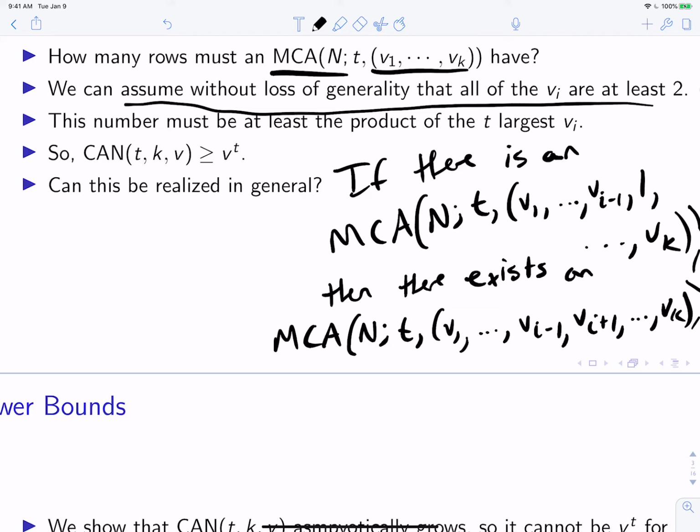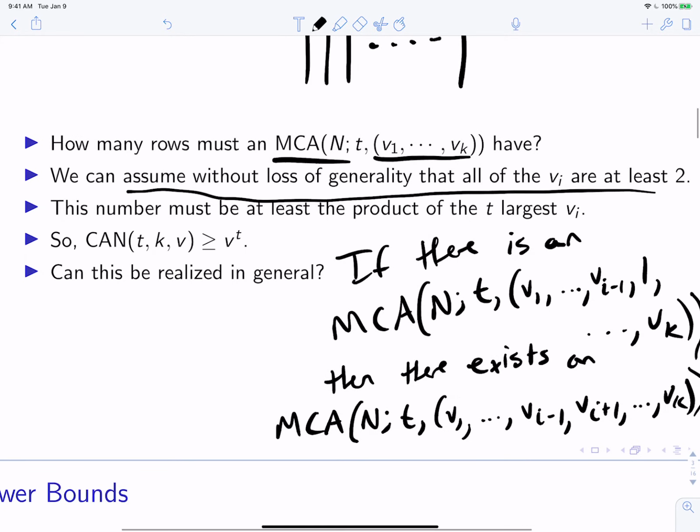Yes, because that column has to have the same value everywhere. Because it's an MCA, every single interaction involving that column must be covered, and because there's only 1 value, it's always there.